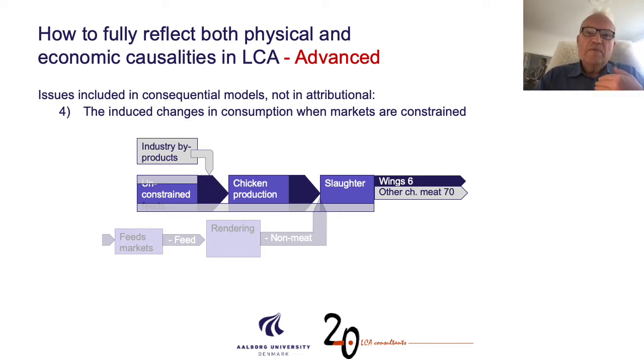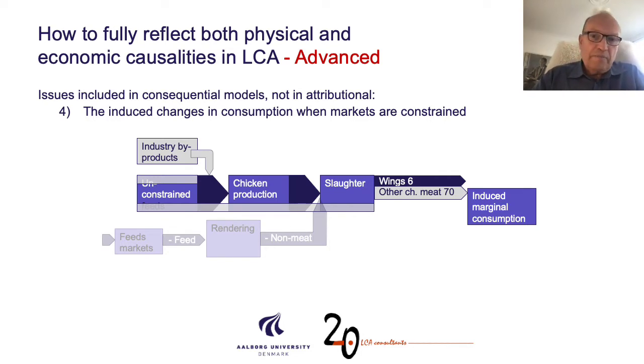Now, in the demand coming only from the wings, so if we're analyzing the wings alone, we will still produce the 70 kilograms of other meat.